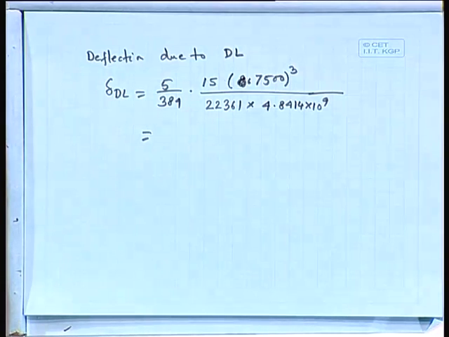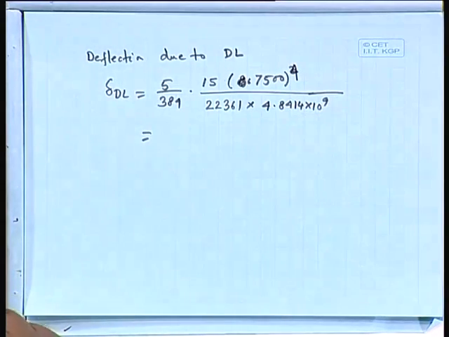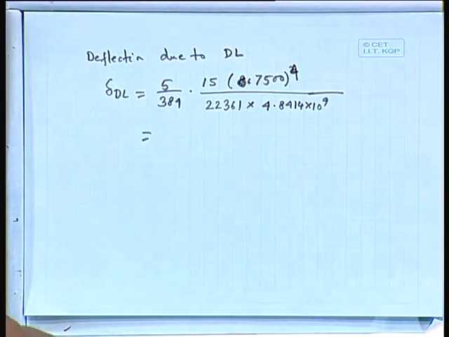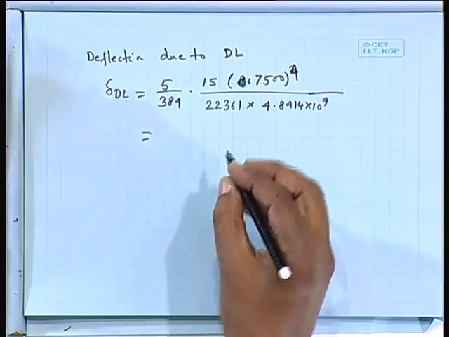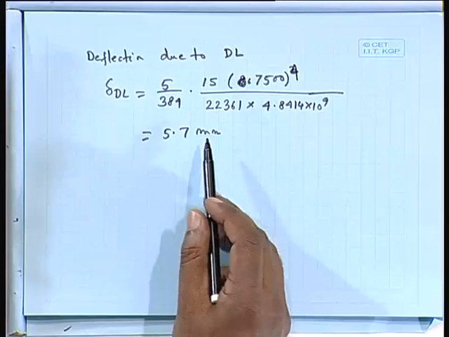5 into 15, it will be 4, sorry, it will be 4. So, 5 into 15 into 7500 to the power 4 divided by 384 divided by 22361 divided by 4.8414 into 10 to the power 9, which comes as 5.7 millimeter.